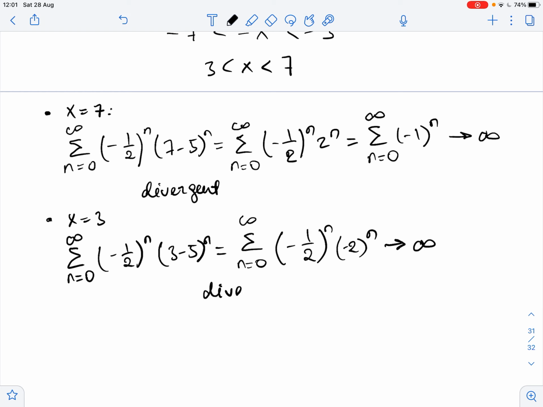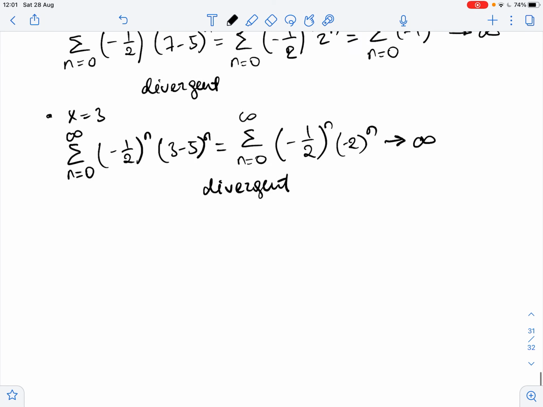As you can see, this also diverges, so this is also divergent. So that means that the required values for x for which the series converges is x is greater than 3 but less than 7. So we have found the convergence interval.